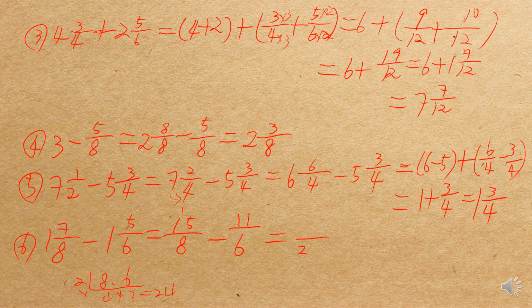So 45 over 24 minus 44 over 24, since 15 times 3 is 45 and 11 times 4 equals 44. So the final answer is 1/24.